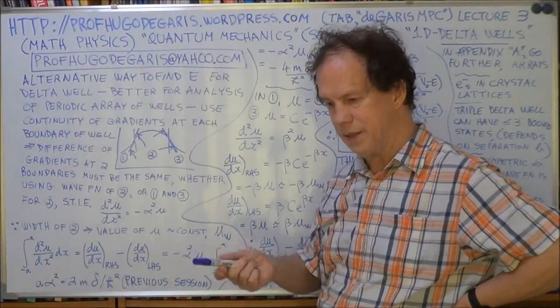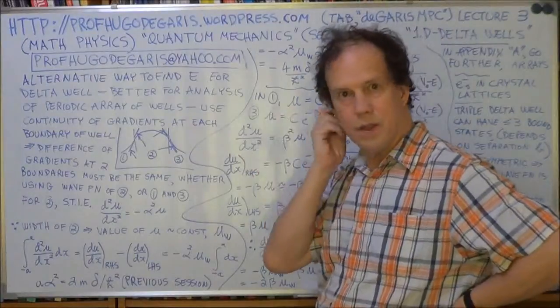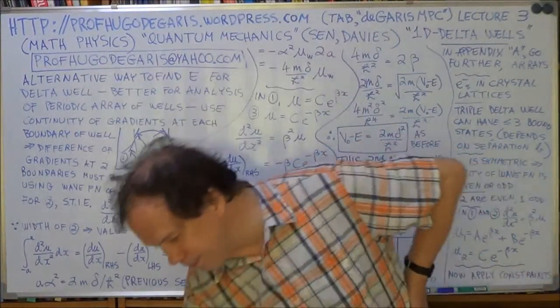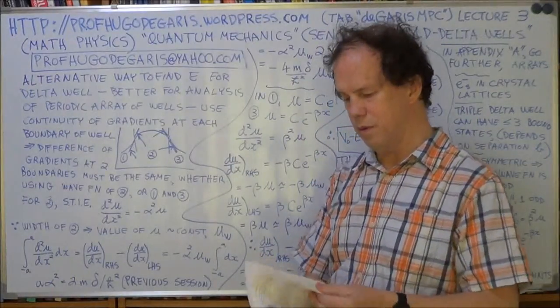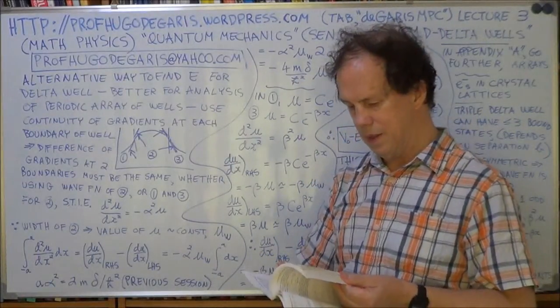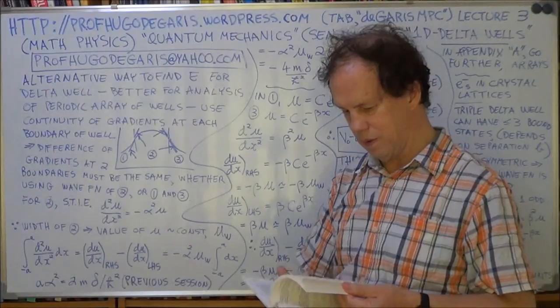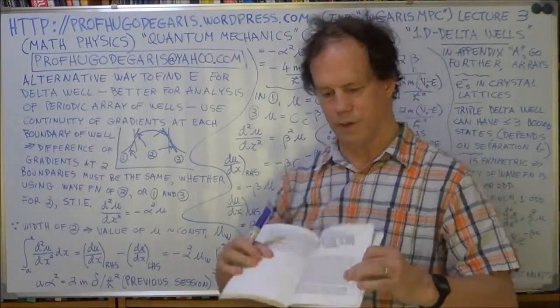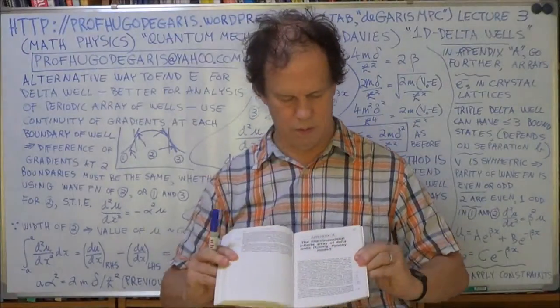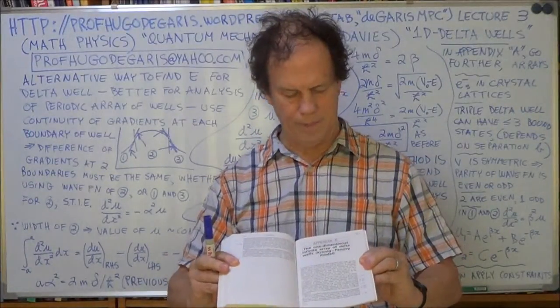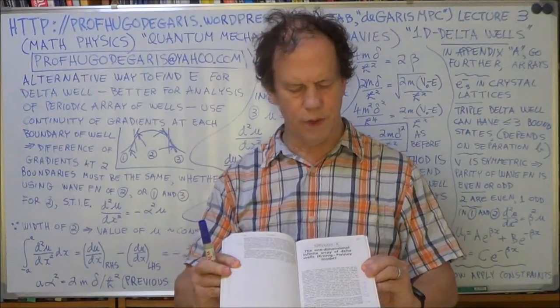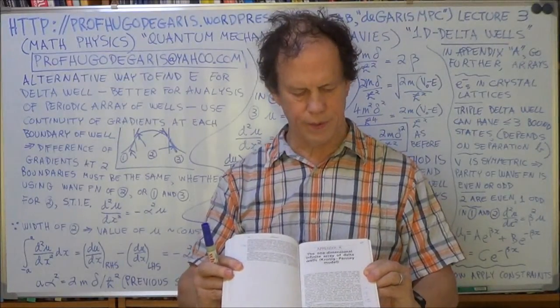Now, by later, when this lecture is finished, I will then jump in the textbook to one of the appendices. It's Appendix A, I think. It's on page 145 of your text, if you're following this closely. So the appendix title is "The One-Dimensional Infinite Array of Delta Wells."